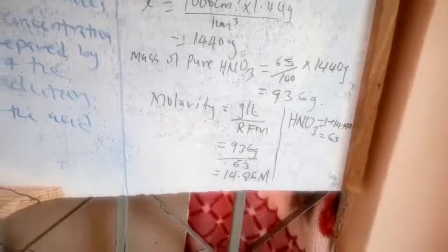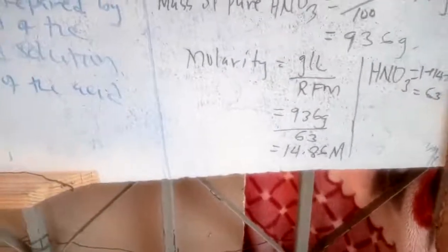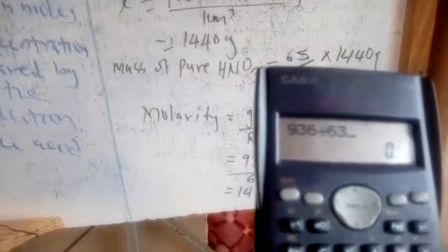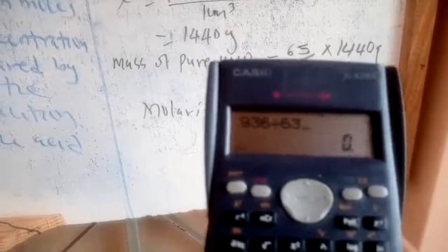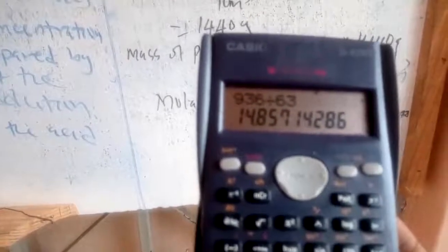14.86 capital M, and that becomes the molarity in moles per liter. You can see even in the computation from the calculator, you are supposed to get 936, then you divide by 63, which is the relative atomic mass, and the answer you will get is 14.857.